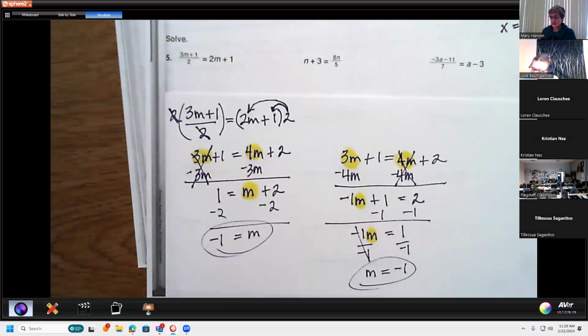Okay. All right, we've upped the ante and upped the complexity. If you are still struggling with the two-step equations or the variables on both sides, what I would recommend is you go back to those lessons, practice those until you feel more comfortable with them, and then move your way through to these harder equations, okay?